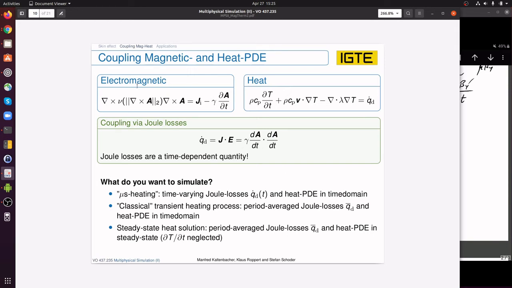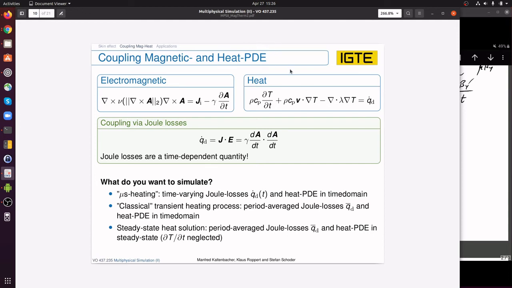So we're first solving the electromagnetic problem, the classical eddy current problem in pure A formulation, and we want to couple it with this heat PDE. Actually that's not a classical heat PDE, which would only consist of the Laplacian term and the time derivative term. It's also including a convective term, so that's a convective heat PDE, if you want to call it that.